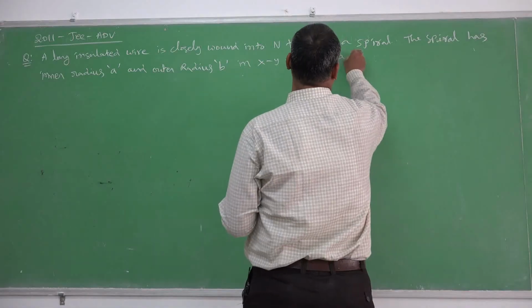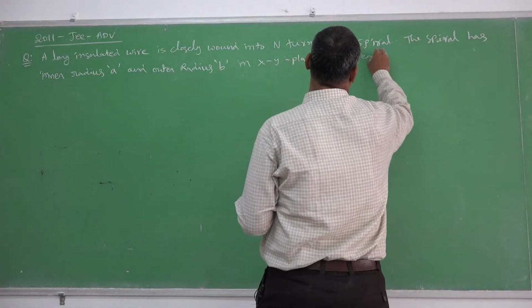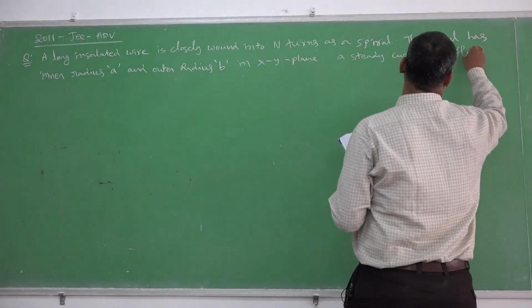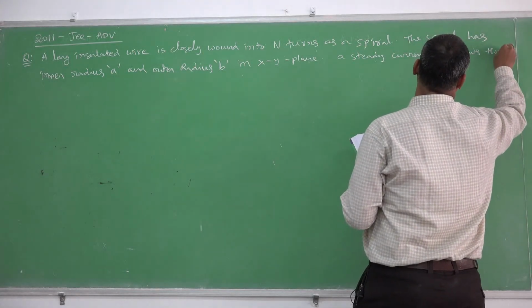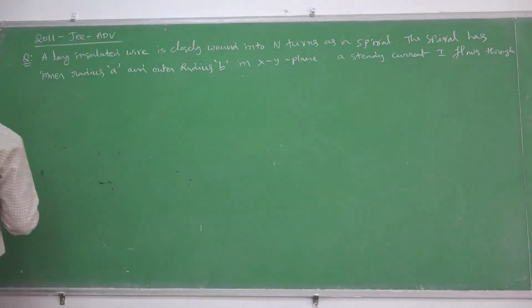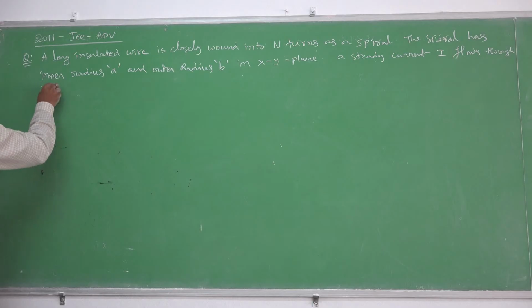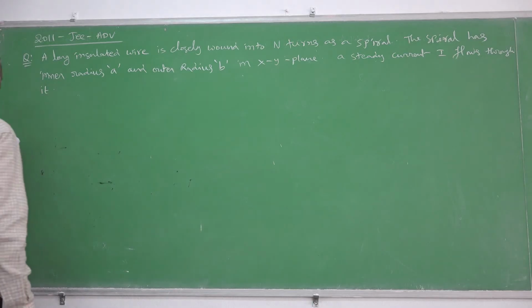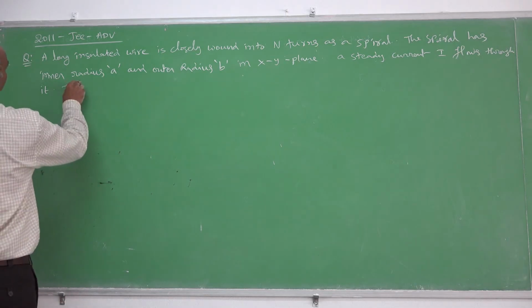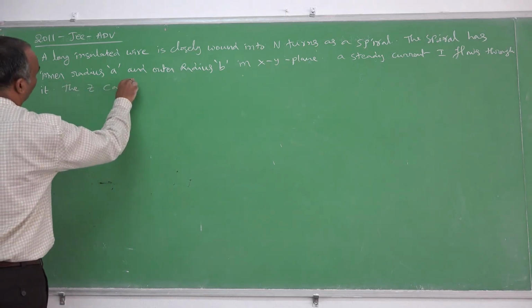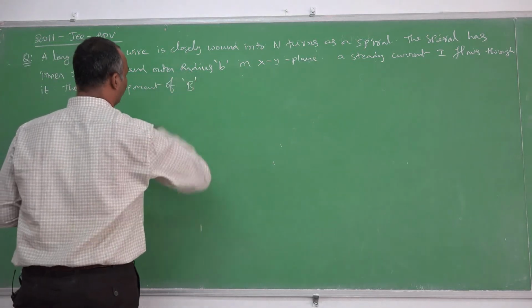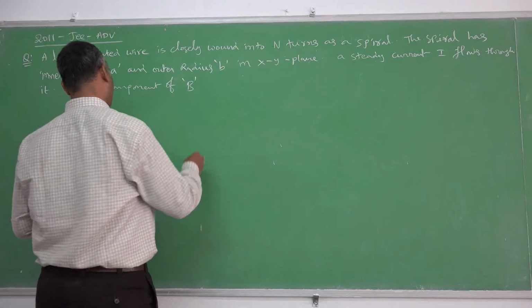A steady current I flows through it. The Z component of the magnetic field, meaning B, at the center of the spiral is, this is the question.